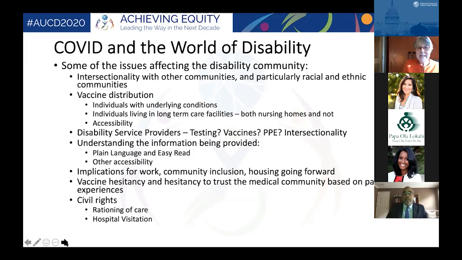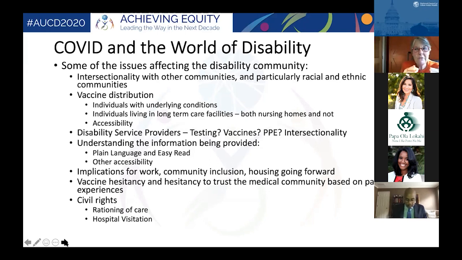And then understanding the information being provided. So, is the information we're providing to people in plain language so that it can be understood and everyone knows what we're talking about? And generally speaking, when you say plain language or easy read, lots of people think about that as just accessible for people with intellectual disabilities.